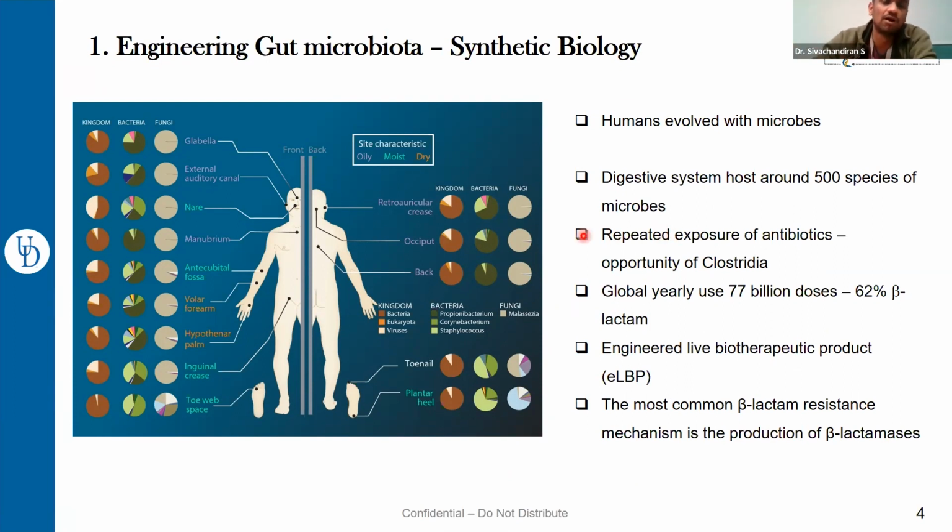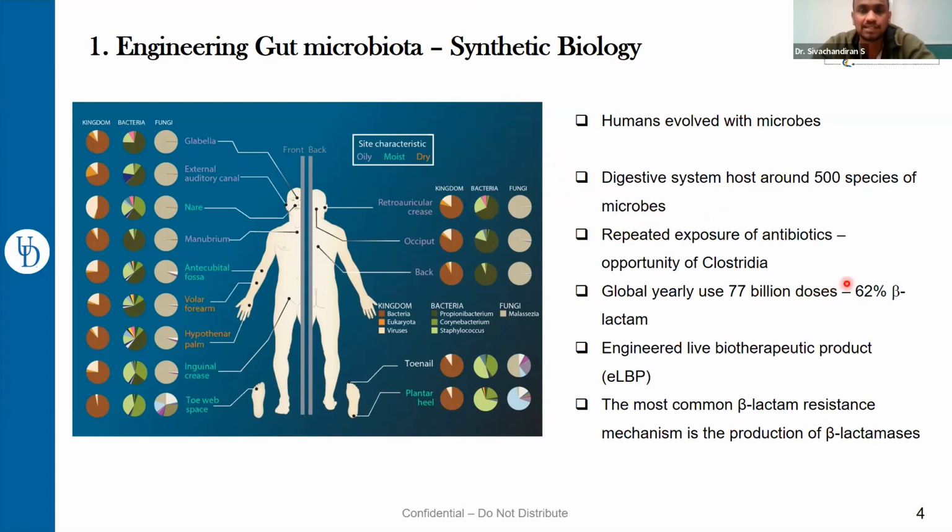In our body, we have a lot of bacteria, fungi and viruses, and human species or any other life form has evolved together with the microbes. Especially our gut has a lot of bacteria that provide health benefit for the human body.